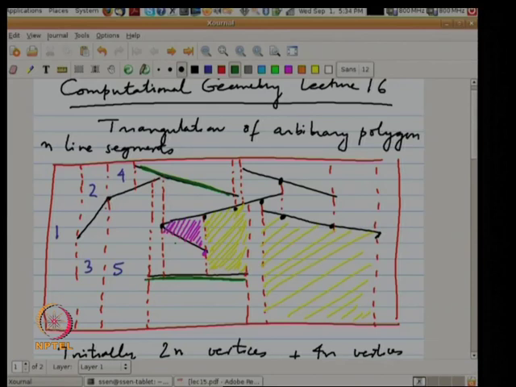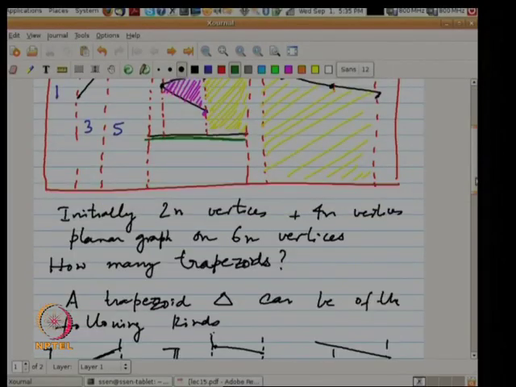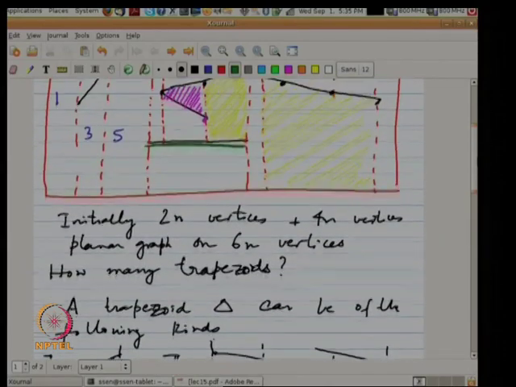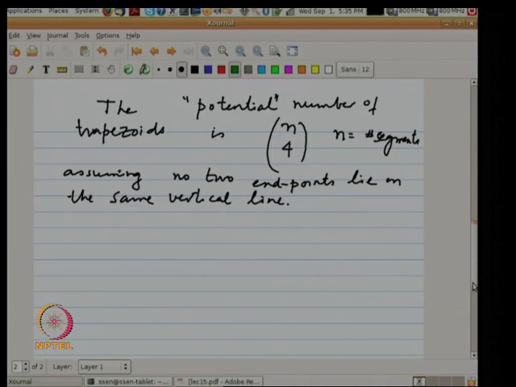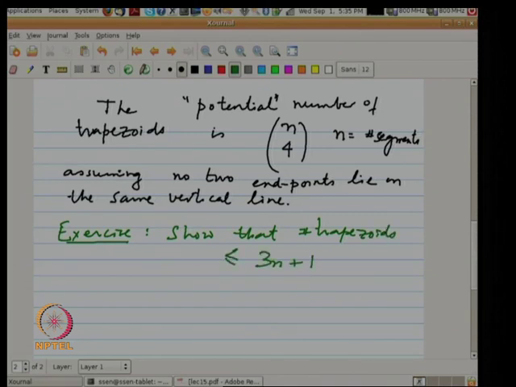However, this particular diagram that I have drawn, using the rule that I extend the vertical line till it hits the first line segment, is a planar structure, and therefore it has big O of n trapezoids, and I am claiming that there is a simpler method to count, where you can basically show the following. So this is an exercise: show that the number of trapezoids is equal to 3n plus 1.